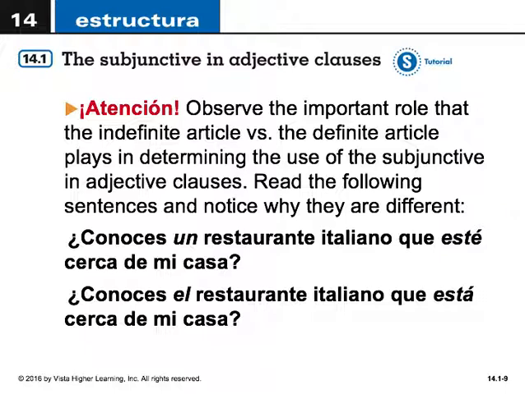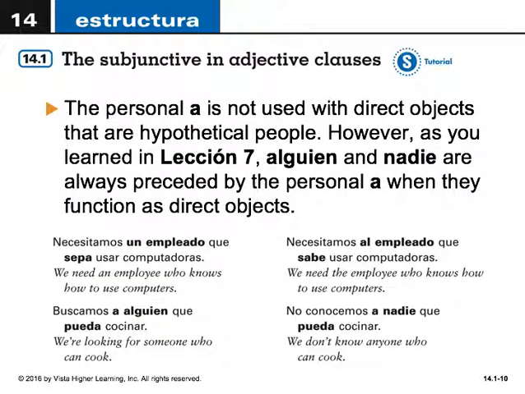And you notice the use of the indefinite article often has the subjunctive. Do you know a or any Italian restaurant that may be close to my house? Versus the definite article is oftentimes used with the indicative. Do you know the restaurant that is close to my house? One small thing to note is that the personal a is not used with direct objects that are hypothetical people.